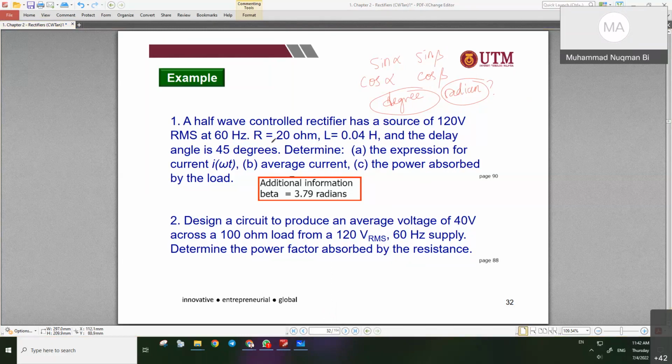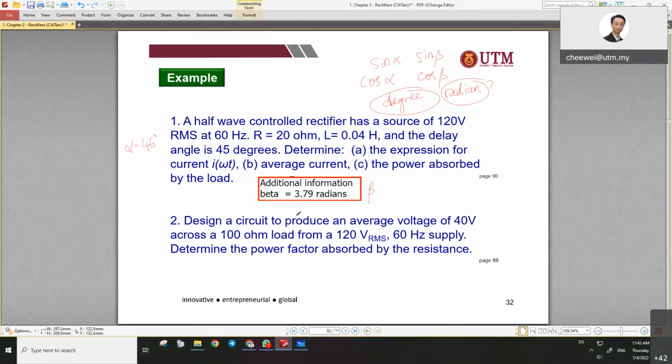Degree, but I got the alpha, which is the delay angle. Alpha equals 45 degrees, right? But beta is given at 3.79 radians. So should I mix them, or do I have to be consistent? Need to change it. Okay, which one should we change? It's up to you.